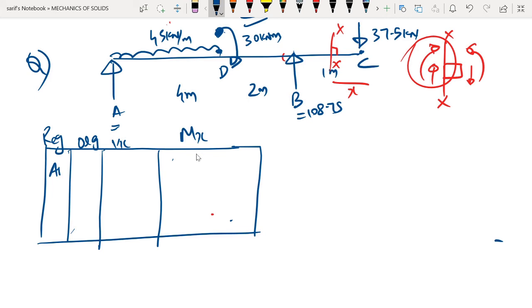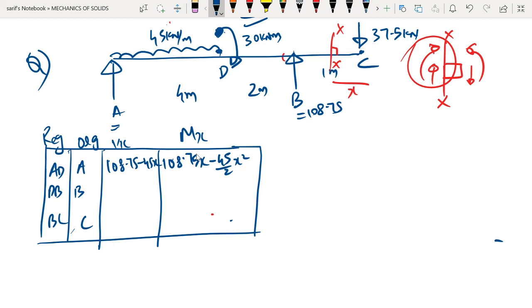So the first region is AD, the origin was A, second region was DB, the origin was B, and the third region was BC, the origin was C. So expression for shear force in the first region was 108.75 minus 45x, and the bending moment expression was 108.75x minus 45 divided by 2 into x square. So if you look here, the shear force in this region is having a linear variation, whereas bending moment in this region is having a quadratic or a parabolic variation.